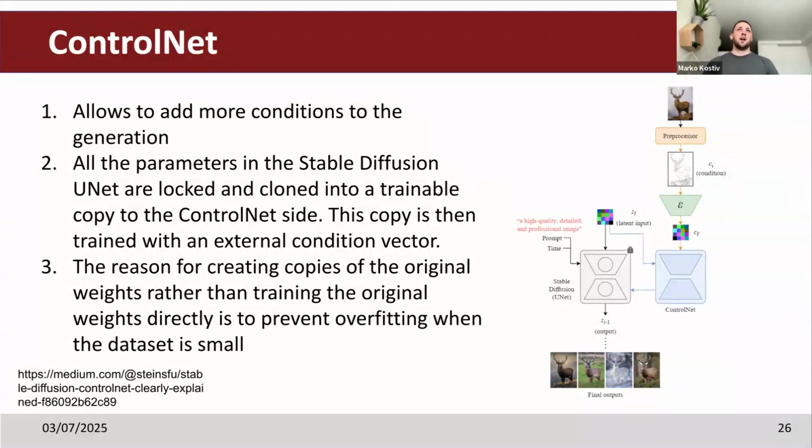like whatever you choose. The idea is that we lock all of the parameters in the Stable Diffusion and we clone them into a trainable copy on the ControlNet side. This copy is then trained with an external conditional vector and the original weights are frozen. The reason for freezing the original weights, rather than fine-tuning the entire network with additional inputs, is actually to prevent overfitting when the dataset is small.